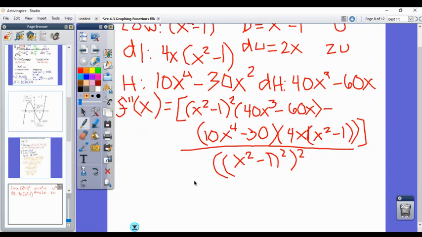Okay, so essentially one of the things that I'm noticing is that both the low D high part and the high D low part have an x squared minus 1. So I'm going to actually factor that out in the numerator.